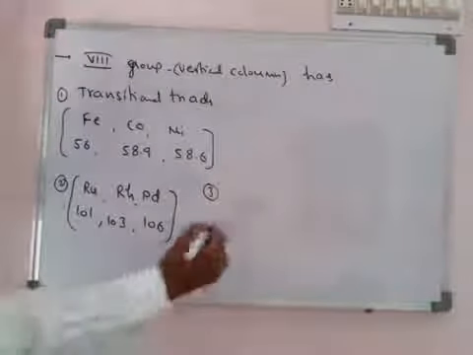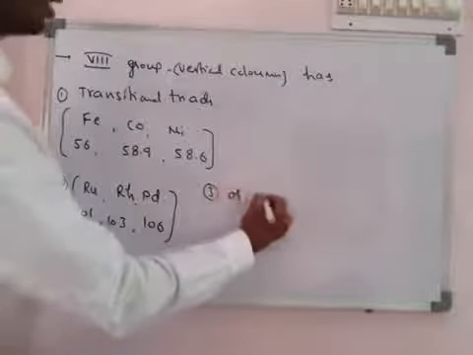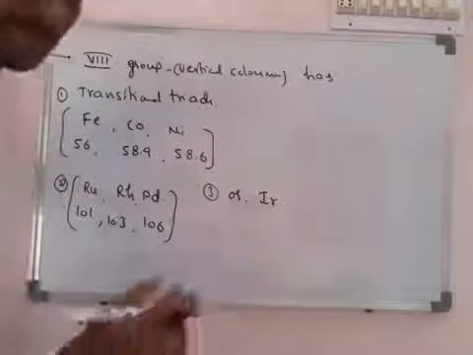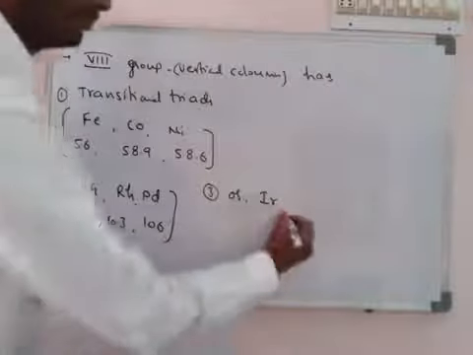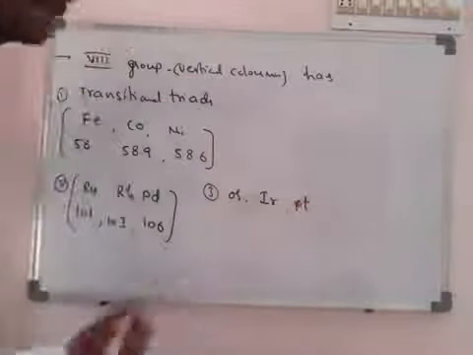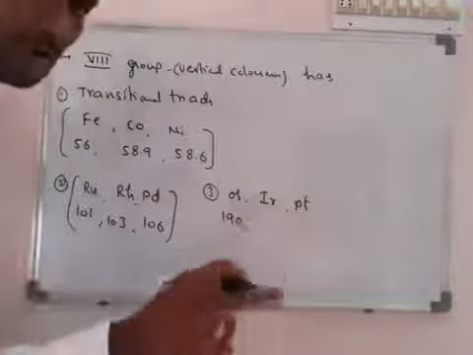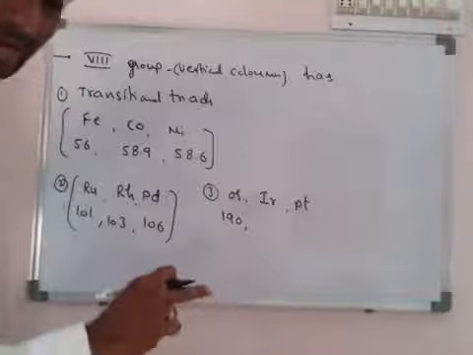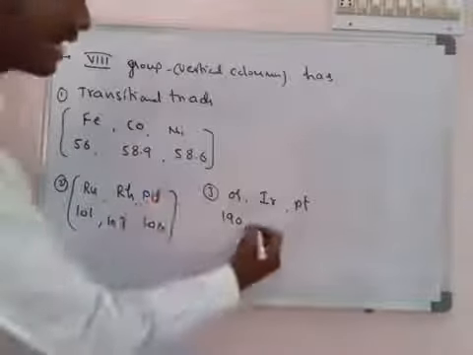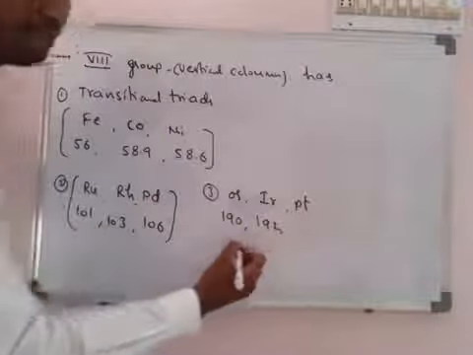Next, osmium, iridium, platinum. So they are also called a triad. This is called transitional triads, observed in Mendeleev's periodic table.